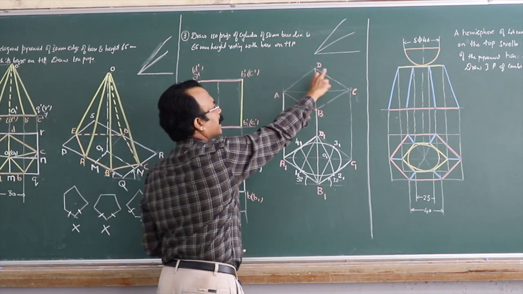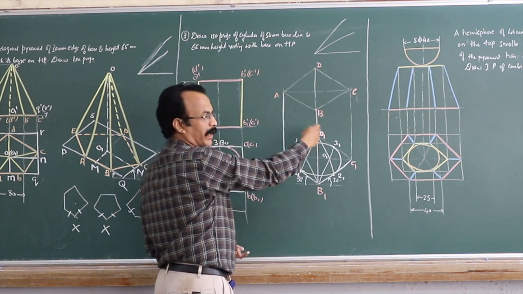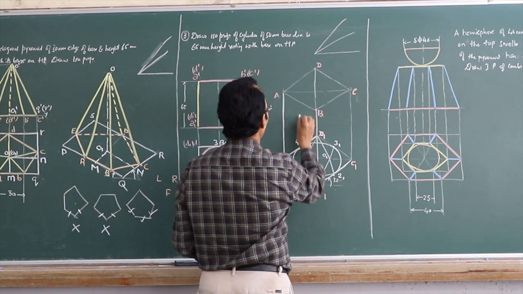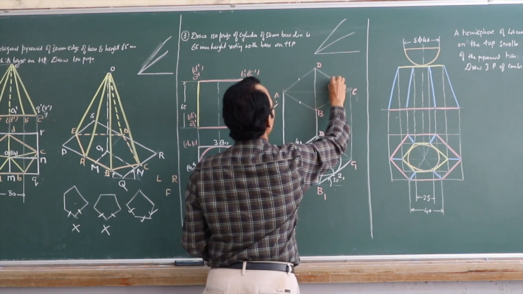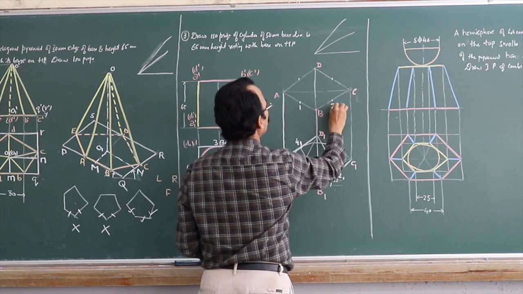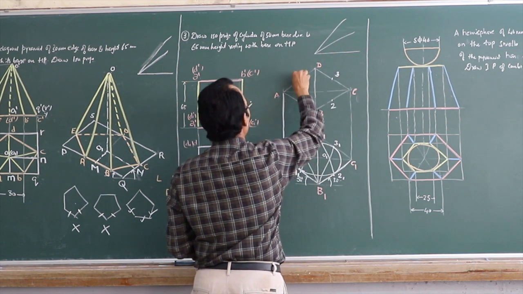Then you repeat the procedure that we did for the circular lamina. Okay. So this is 1, 2, 3, 4.